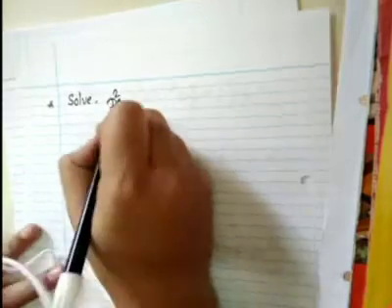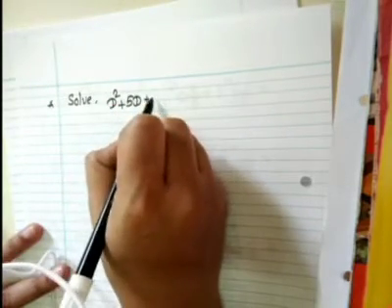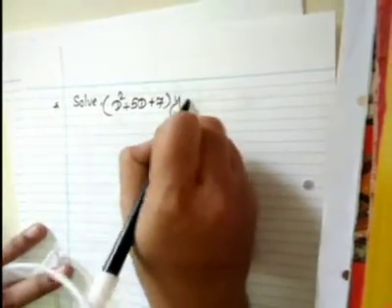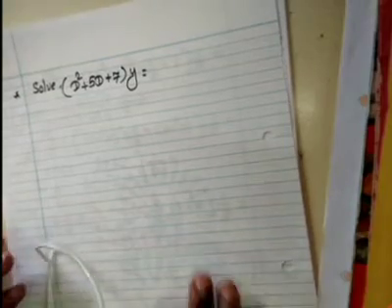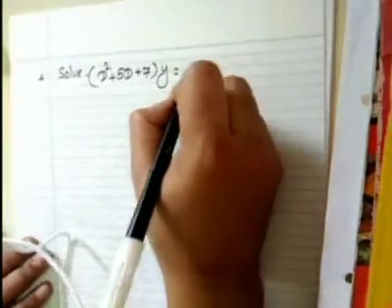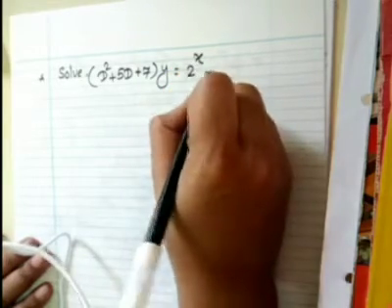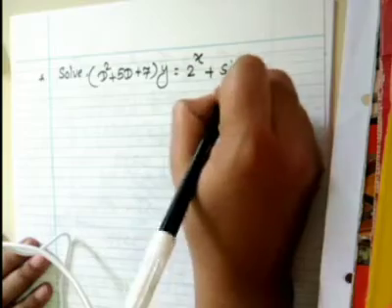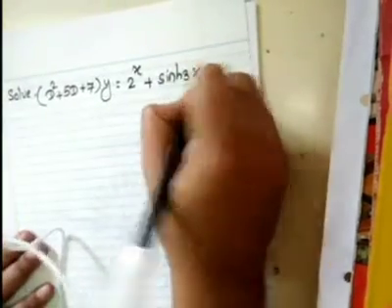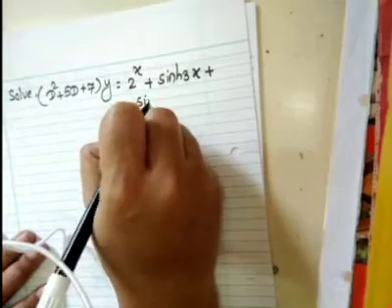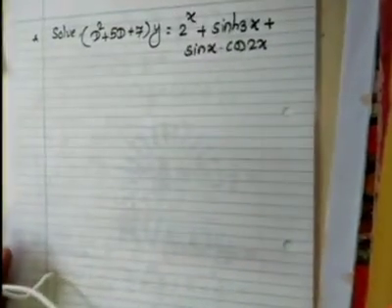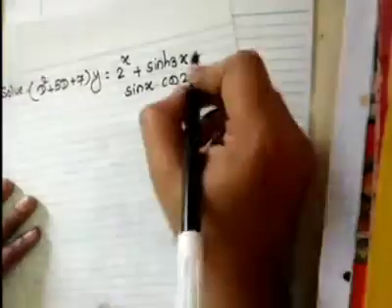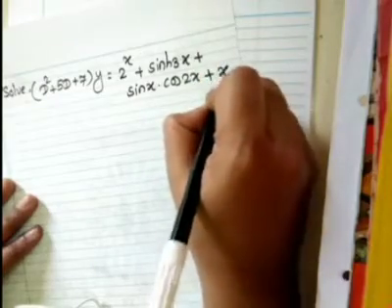Solve (D square plus 5D plus 7)y is equal to 2 raised to x plus sine hyperbolic 3x plus sin x into cos 2x plus, we'll write one more, x cube.